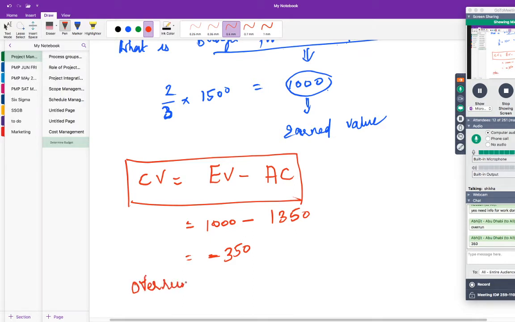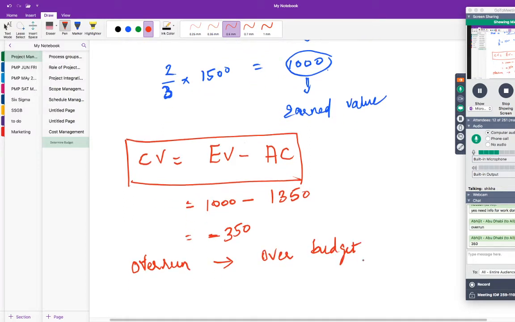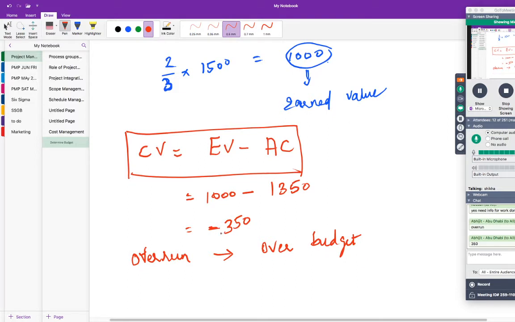You call it overrun, or you can call it over budget, above budget. So how much over budget? 350 over budget. So negative means overrun. If you get a positive value, it is underrun or under budget. Do you get this point?